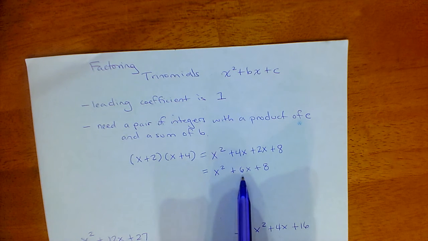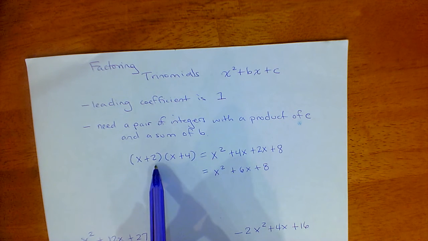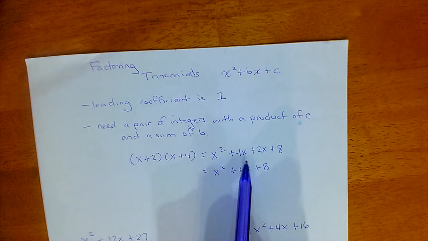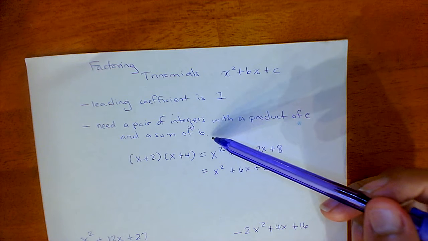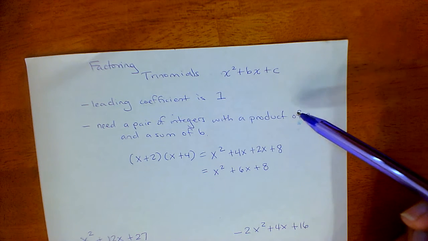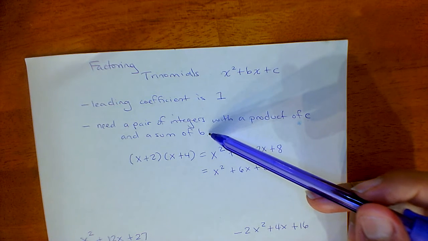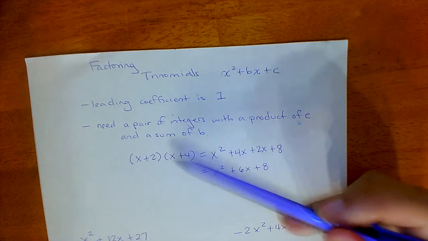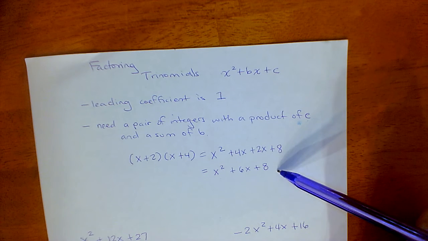And then we said, to get this middle term, 6x, we had to take this 2x, which got its coefficient from the 2, and this 4x, which gets its coefficient from this 4, so 4x and 2x, and we added them together to create this 6x in the polynomial, which is why we say here that we want those integers to also have a further condition, not only of this product of c, but also combining with a sum to make that middle coefficient of b, because that's just how these two factors will interact with each other every time we FOIL them out or distribute them out to create the three-term polynomial.